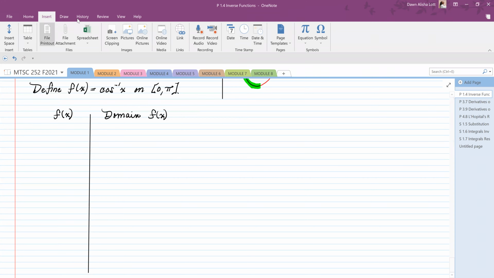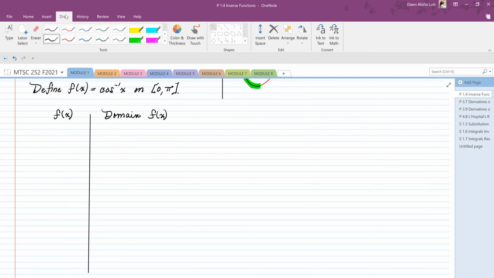All righty. So number 1 is going to be the sine inverse of x. And its domain is minus pi over 2 less than or equal to x less than or equal to pi over 2.